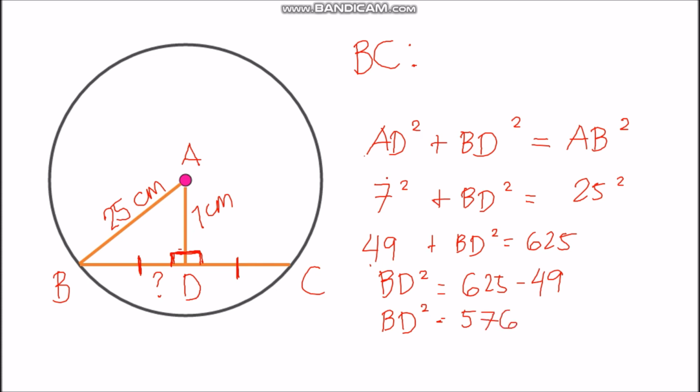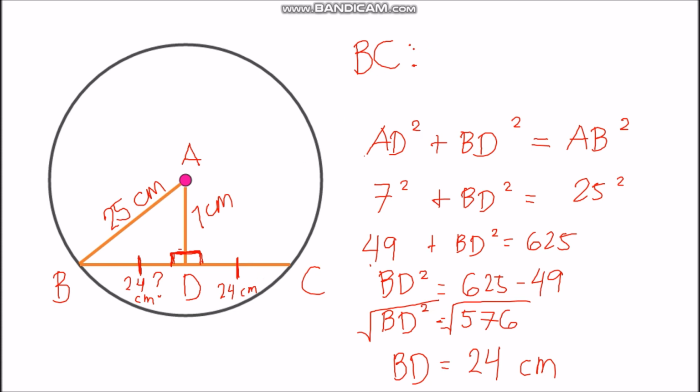Now, to further solve for BD, we will get the square root of both sides. Therefore, BD now is equal to 24. Then just include the unit, which is centimeter. So since BD is 24 centimeters, and it is congruent with DC, that means DC is also 24 centimeters.